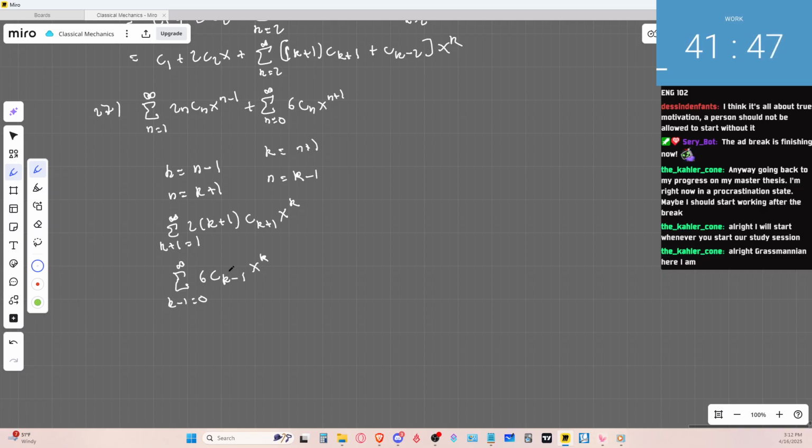Alright, so when we put these together, okay, so this would be k0 plus k, okay, plus, so this one would be k plus would be equal to 1, then 6c minus 1.